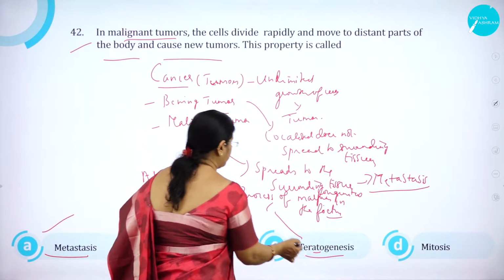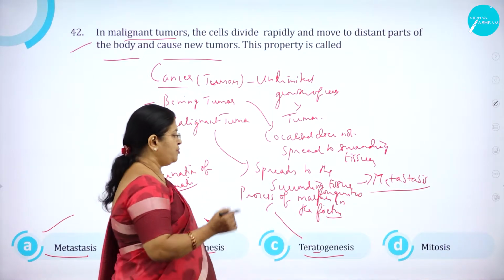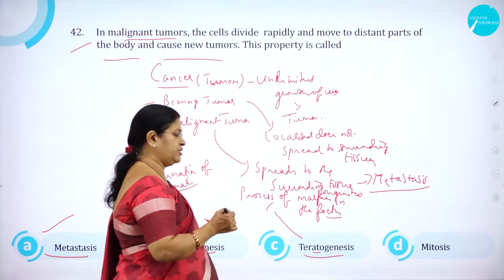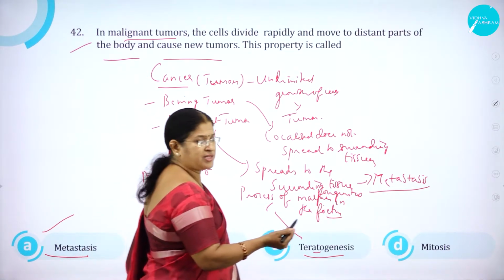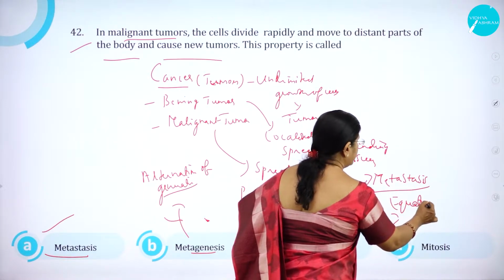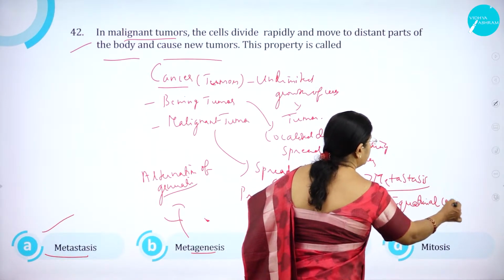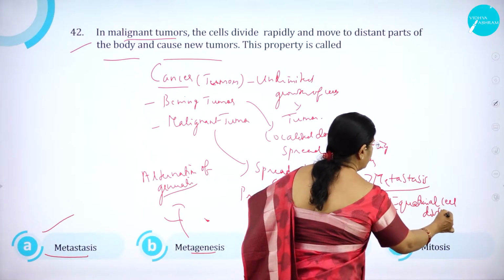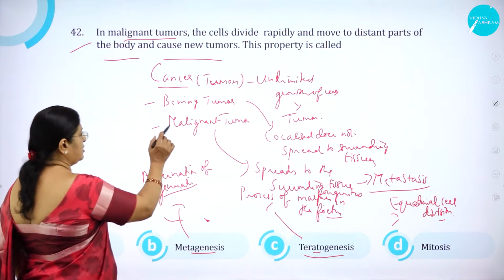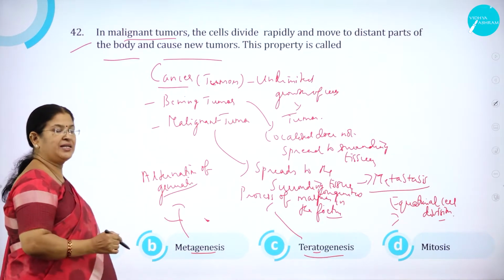Mitosis, it is called as what? Equational cell division. So, among the four options, what is that property of malignant tumor?